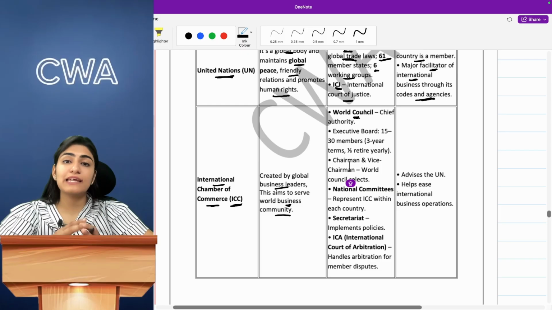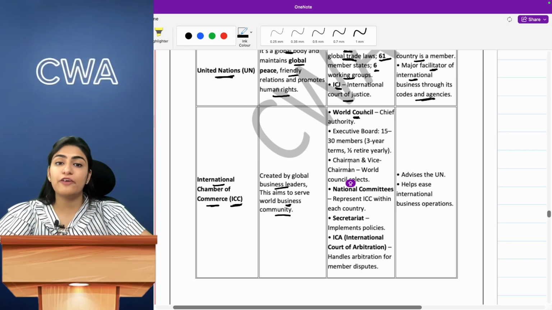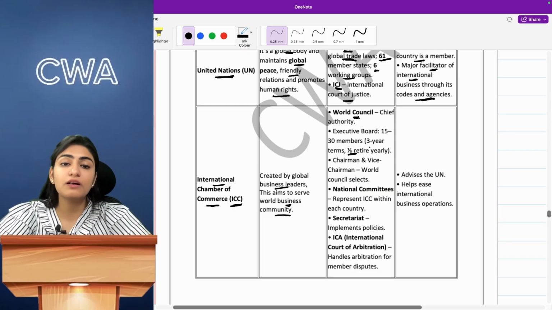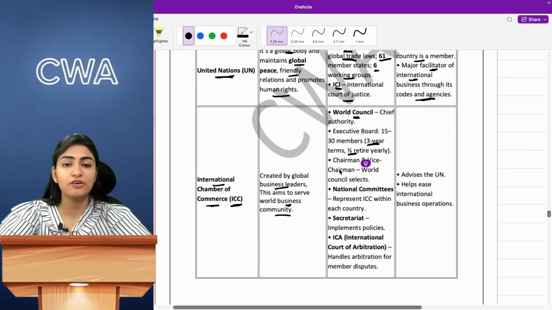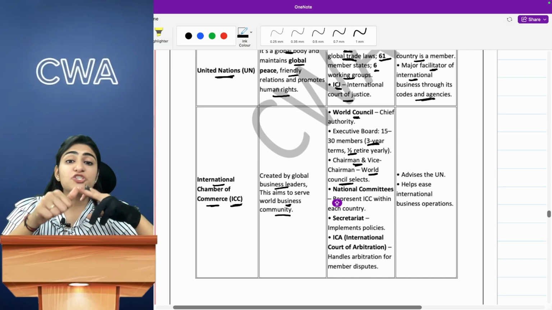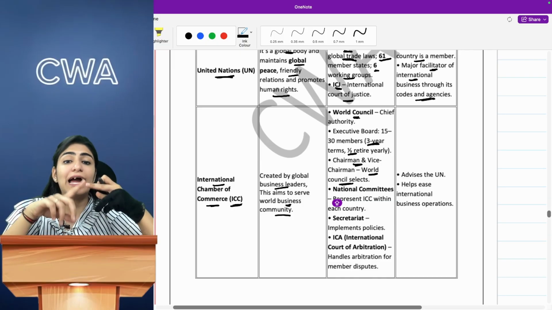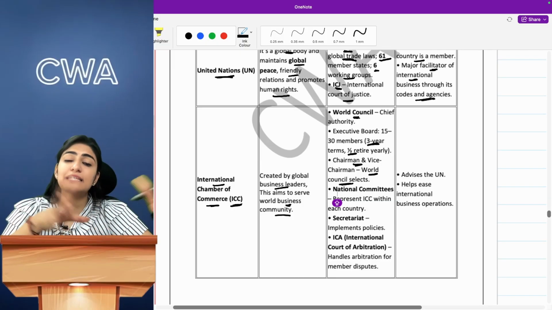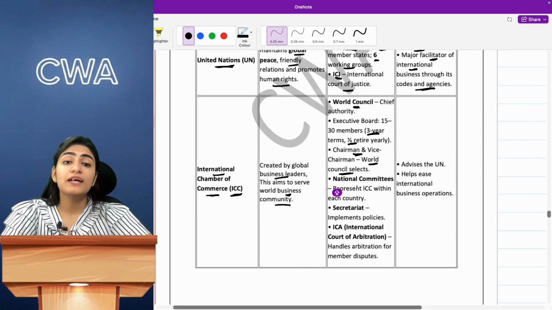Each member is there for 3 years, and every year one third of the members retire. It has a chairman and vice chairman as the World Council selects. So basically, the chief authority is the World Council and its chairman and vice chairman are selected by the World Council.